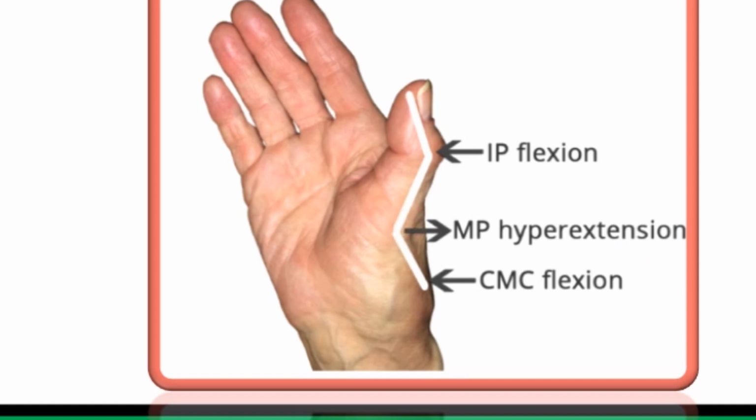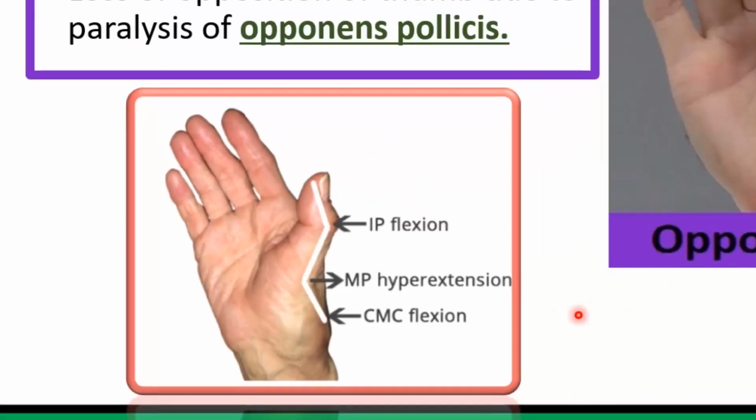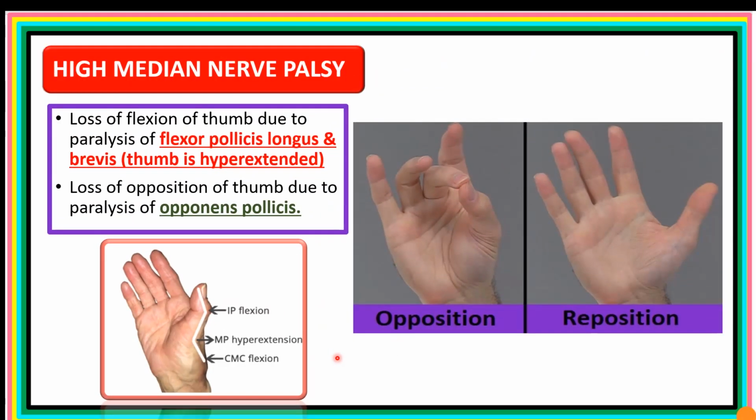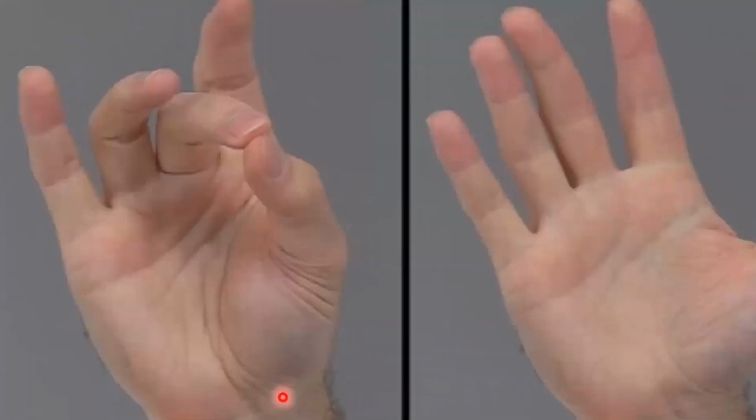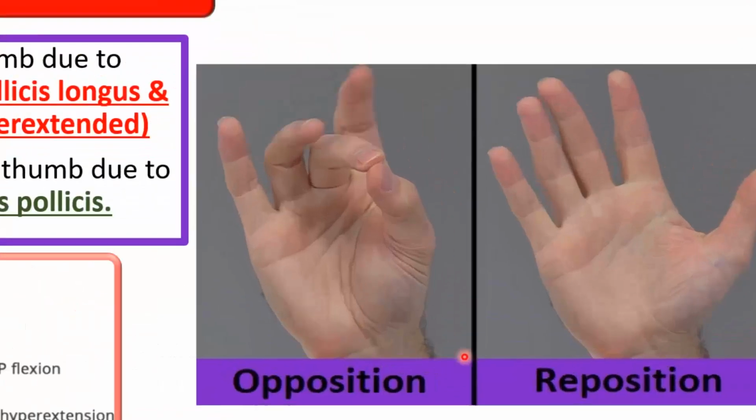We'll also notice there will be loss of opposition of the thumb because the opponens pollicis, which is one of the muscles of the thenar eminence, will also be lost. So this patient will not be able to do opposition, and will be unable to do this OK sign, as you can see.